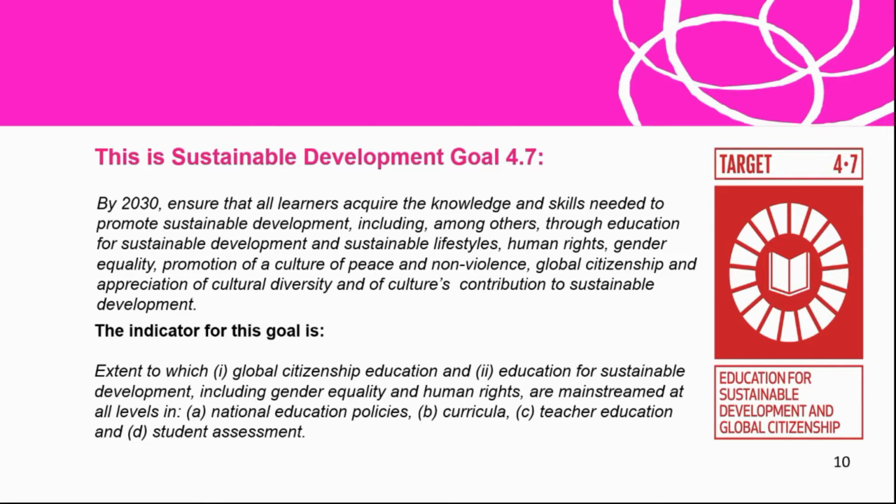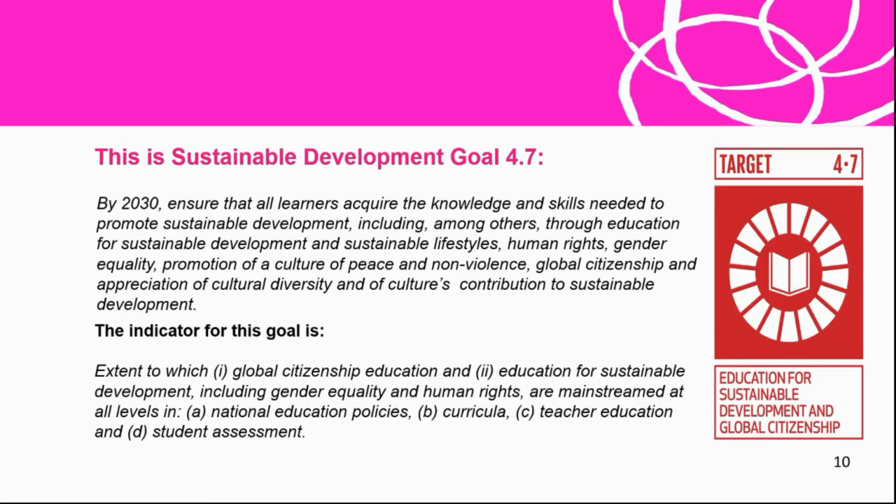Now, the Sustainable Development Goal 4.7 says that by 2030, we should ensure that all learners acquire the knowledge and skills needed to promote sustainable development, including, among others, through education for sustainable development and sustainable lifestyles, human rights, gender equality, promotion of a culture of peace and nonviolence, global citizenship, and appreciation of cultural diversity and of culture's contribution to sustainable development.